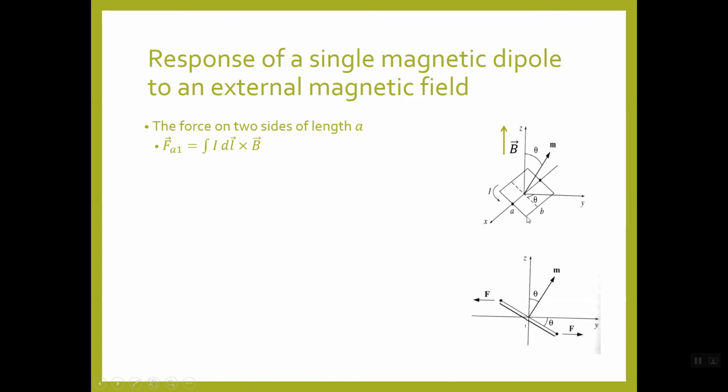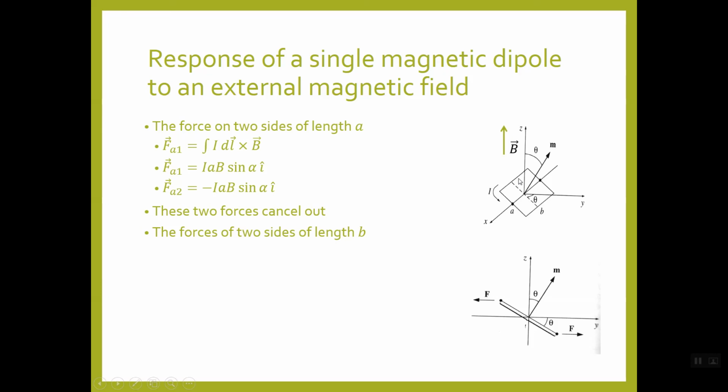Let's start with this one here, using the equation for the magnetic force on a current carrying wire, integral I dl cross B. If we use the right-hand rule, dl cross B, we'll get the direction of the force in the x direction, so i hat, and then I do the cross product of dl, which in this case is just this length a, with B. The magnitude would be I a B sine alpha, where alpha is the angle between dl and B. If I do the same thing over here to the opposite side of length a, I get the same thing but in the opposite direction. So these two forces cancel out.